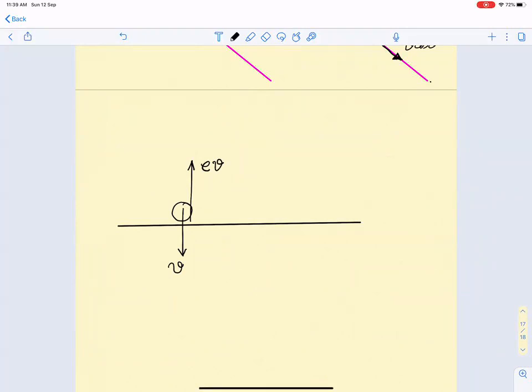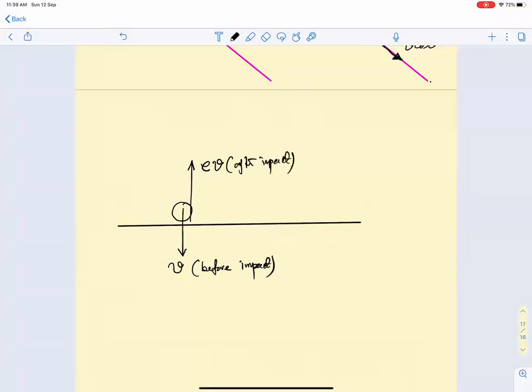It is a collision between the ball and the earth. The earth also moves a bit, but that is negligible. So this is just before impact, and this is after impact.